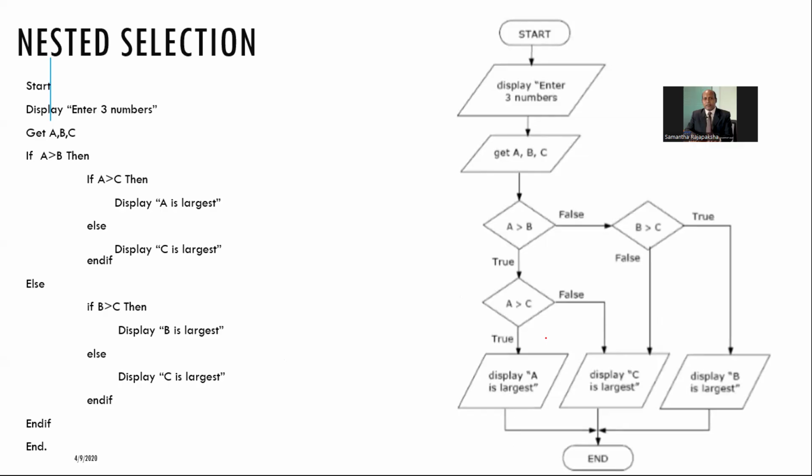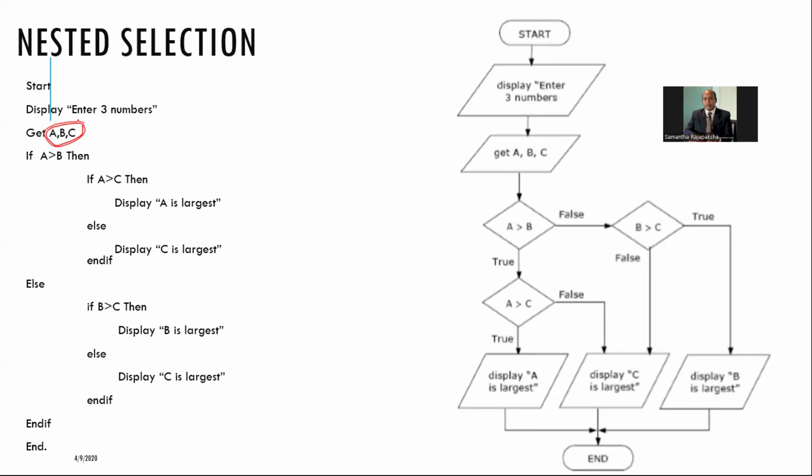In some instances you have to use a nested loop, that means a loop inside a loop. As an example, here we input 3 numbers. What I want to do is find out which one is the largest. Remember, when you have 3 numbers, you can't compare 3 numbers at once. You can compare 2 numbers.